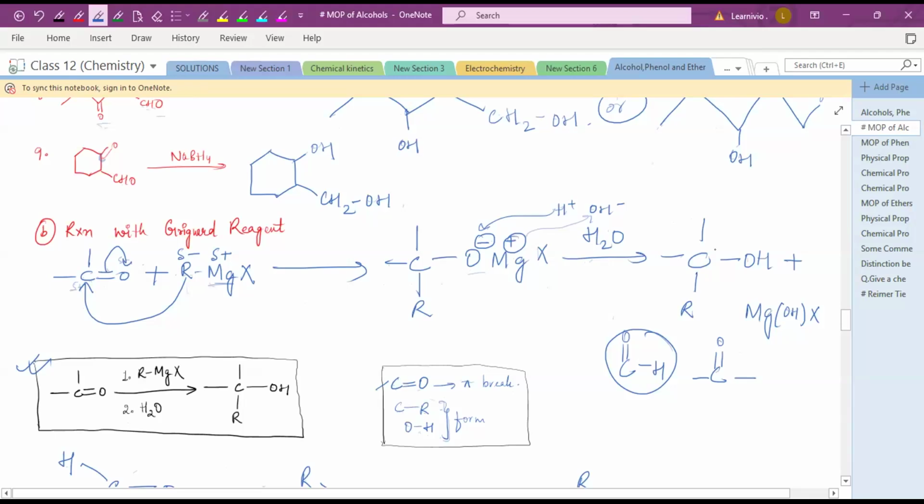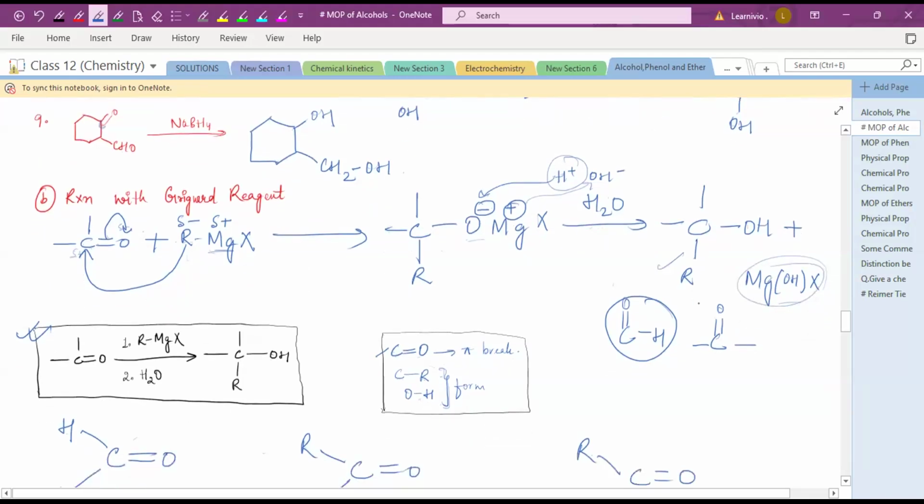Now on further hydrolysis, when you add water, which has H plus and OH minus ions, the H plus ion will get attached to this negatively charged oxygen, and you will get MgOHX. Basically, this will form your corresponding alcohol plus MgOHX, the magnesium hydroxide halide salt. So that is the proper mechanism of this reaction.